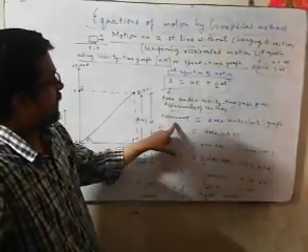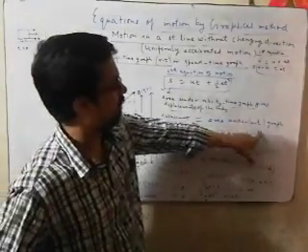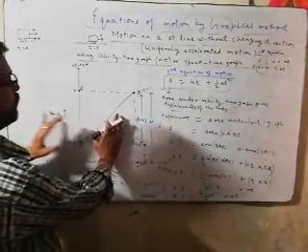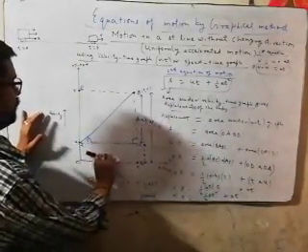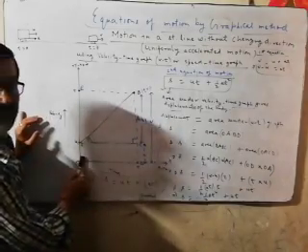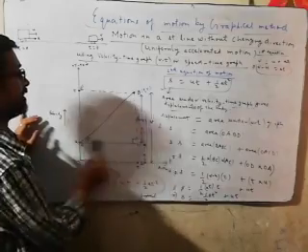What is the area? This whole area, which is a combination of a rectangle area and a triangle area.